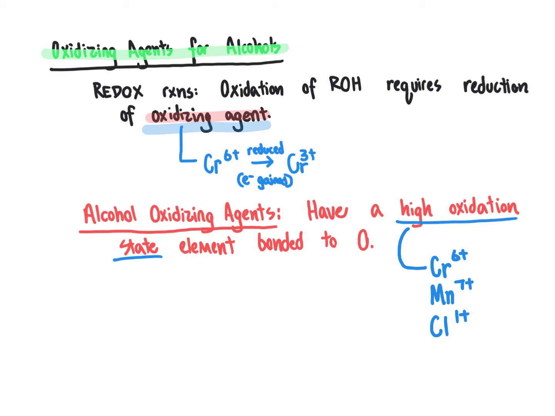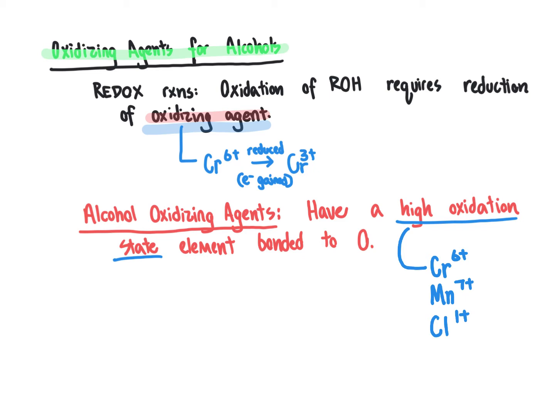So we're going to see a variety of different combinations of having these elements bonded directly to oxygen. All of those are going to act as oxidizing agents. The reason why we have this high oxidation state is that during the oxidation of an alcohol, the oxidizing agent has to be reduced. It's going to gain electrons to lower its oxidation state.